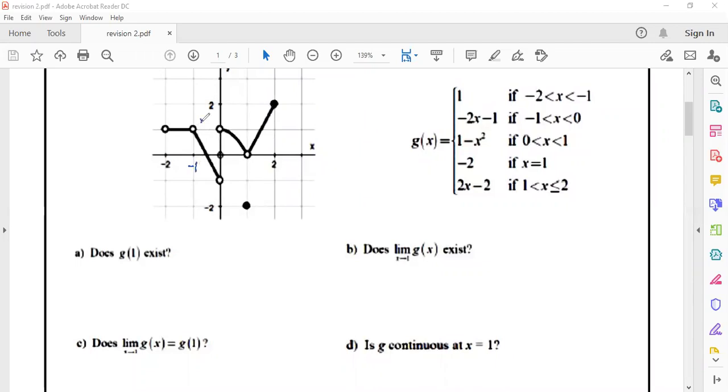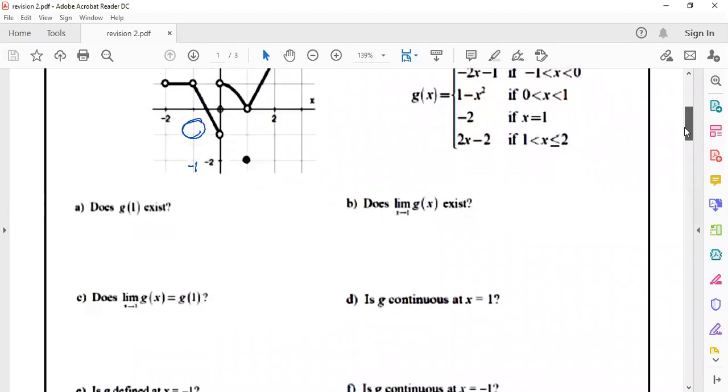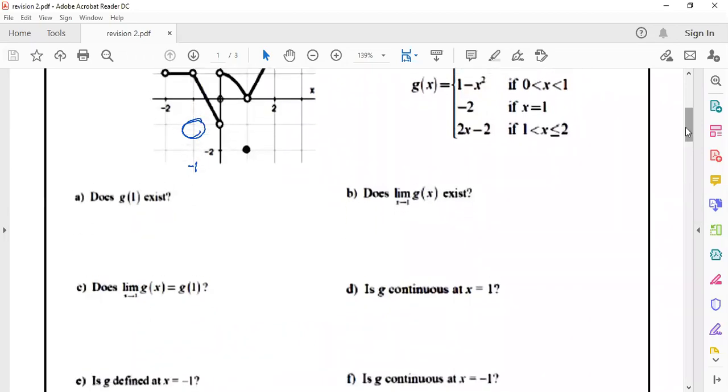At -1, we have only a hole. So the function is undefined at x equal -1 because it has a hole. There is no bold point, there is no continuous line at x equal -1. If we have a hole only, it means the function is undefined.